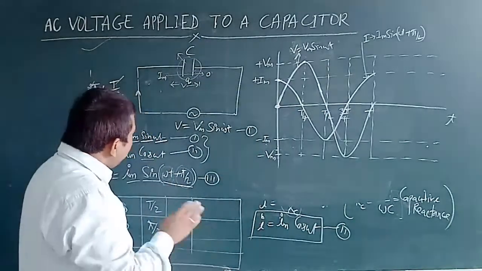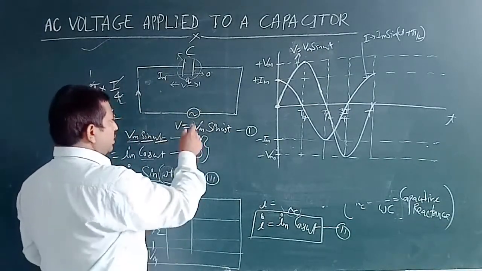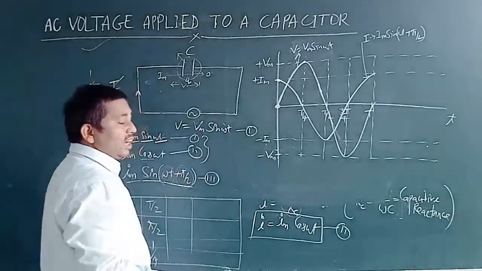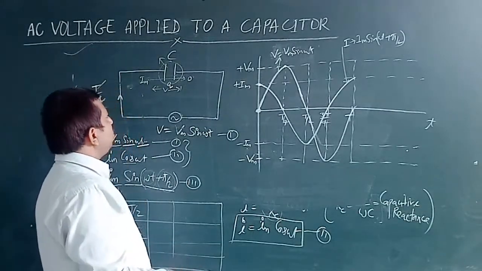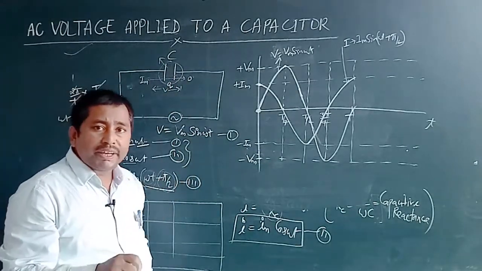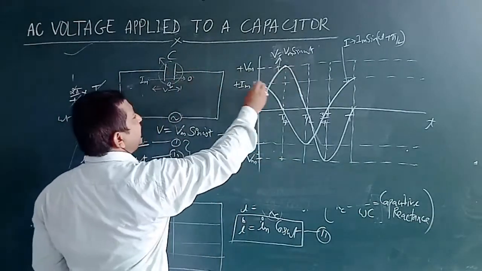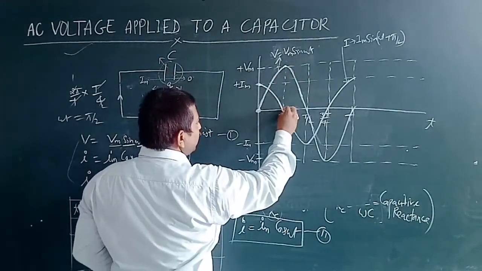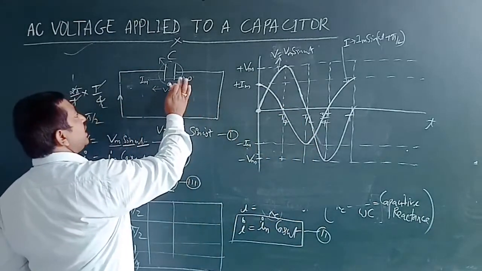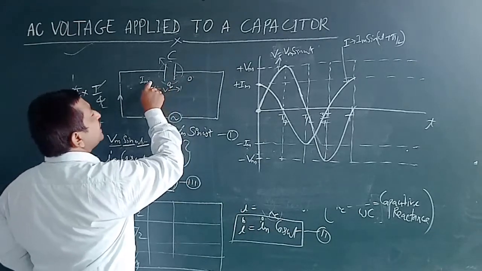And at that time when the polarity of this AC voltage source is inverted, as we know, the potential applied across the capacitor changes its polarity and also magnitude with respect to time. So when the potential across the capacitor decreases, the current flowing through the capacitor reverses its direction. It means the current decreases and its value becomes negative.